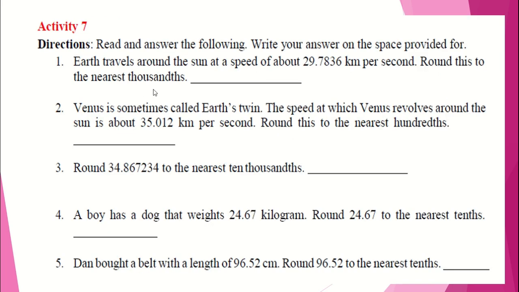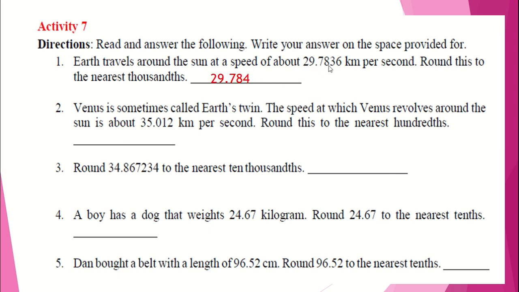For activity 7, read and answer the following. Write your answer on the space provided for. So, Earth travels around the Sun at a speed of about 29 and 7,836 ten-thousandths km per second. Round this to the nearest thousandths. So, sabi dito, to the nearest thousandths.